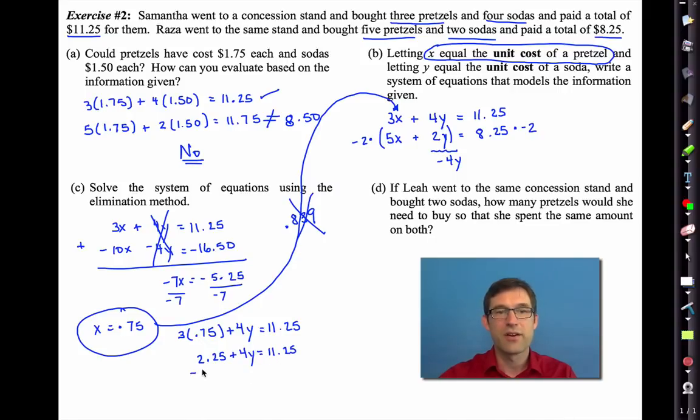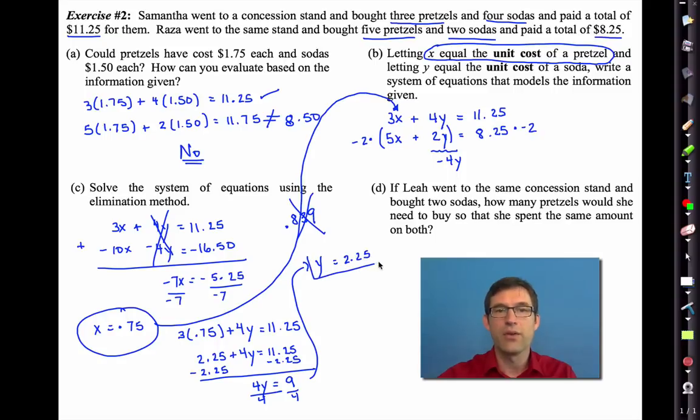I'm sorry about the cramped space on this screen, but I'll subtract 2.25 from both sides. I'll get 4y is equal to 9. Divide both sides by 4. Oof. And we'll get y is equal to 2.25.